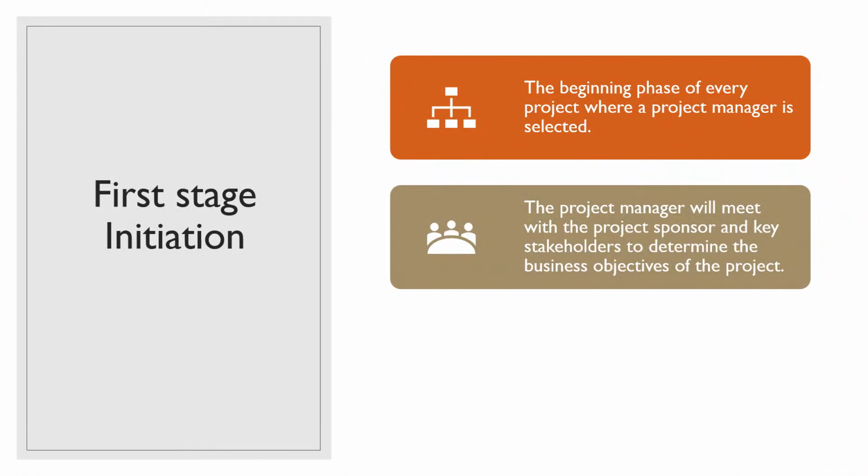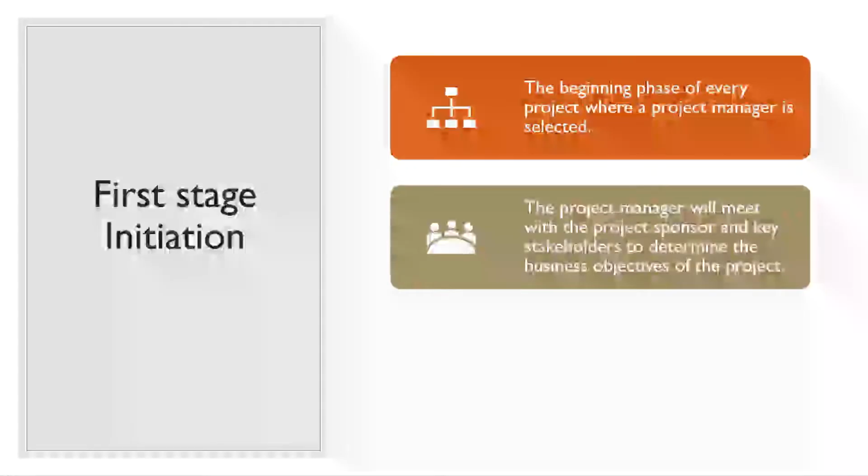So in case you plan to start your own restaurant, once you identify a manager, he will start meeting with the architect, the interior decorator, the vendors, etc. to take the objectives of your project ahead.